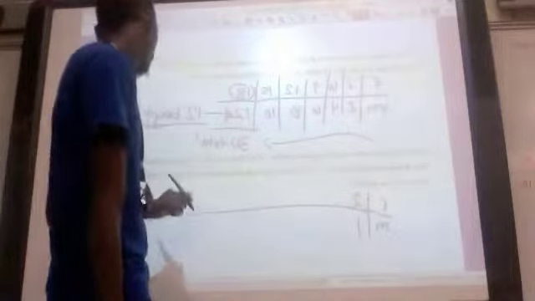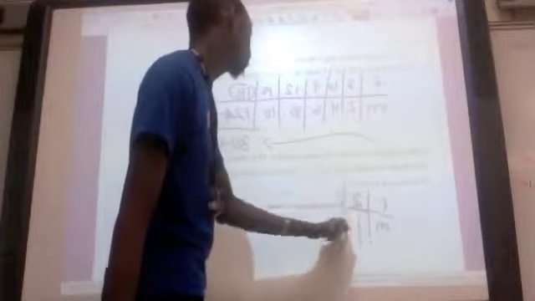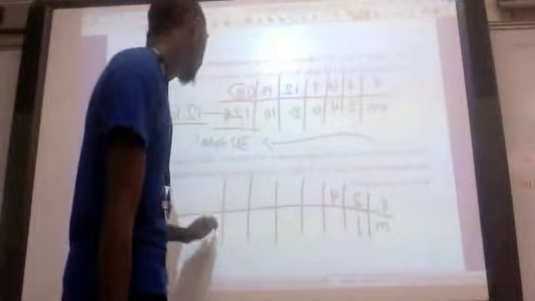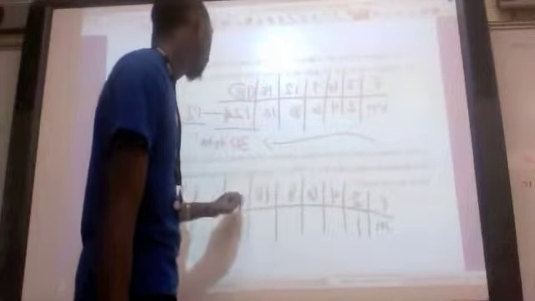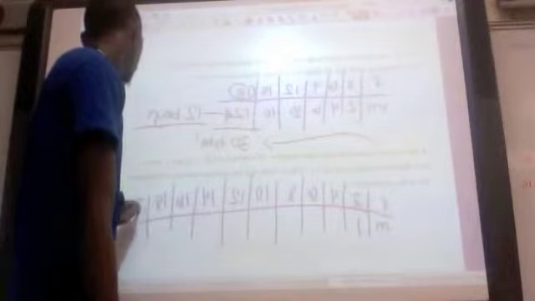So female to male. And we want to know which class has the greatest number of females. So we're going to go 2, 4, 6, 8, 10, 12, 14, 16, 18, 20.